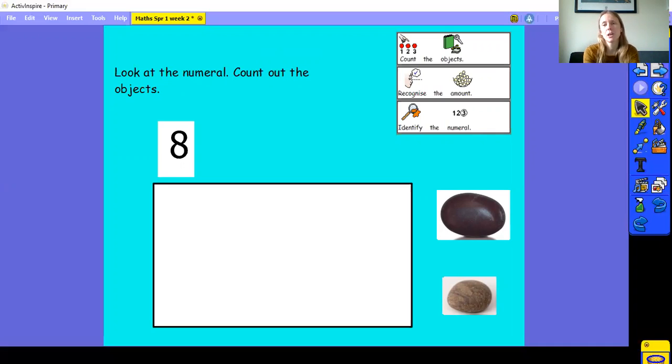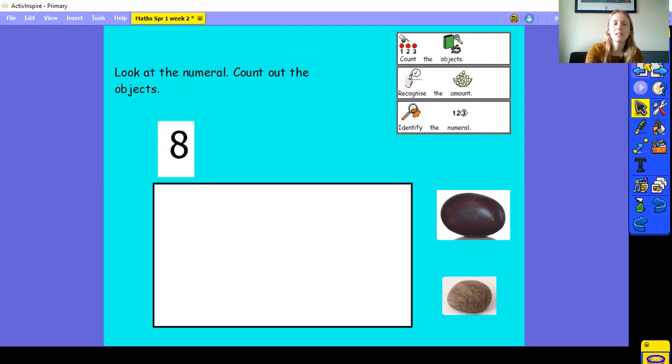I have pebbles, but yours might be different. It doesn't matter. I have 2 different kinds of pebbles. I have some large pebbles and some small pebbles, but they're all pebbles. And we want to know there are 8 all together.